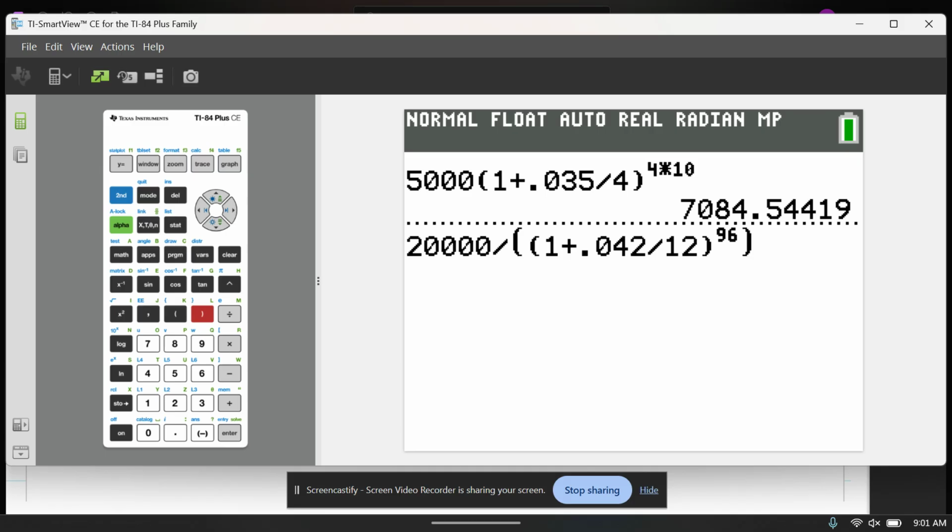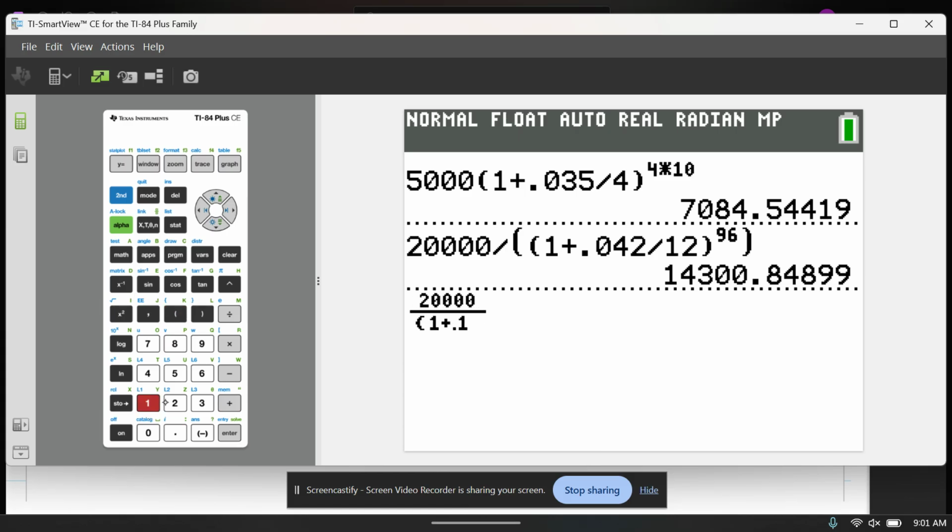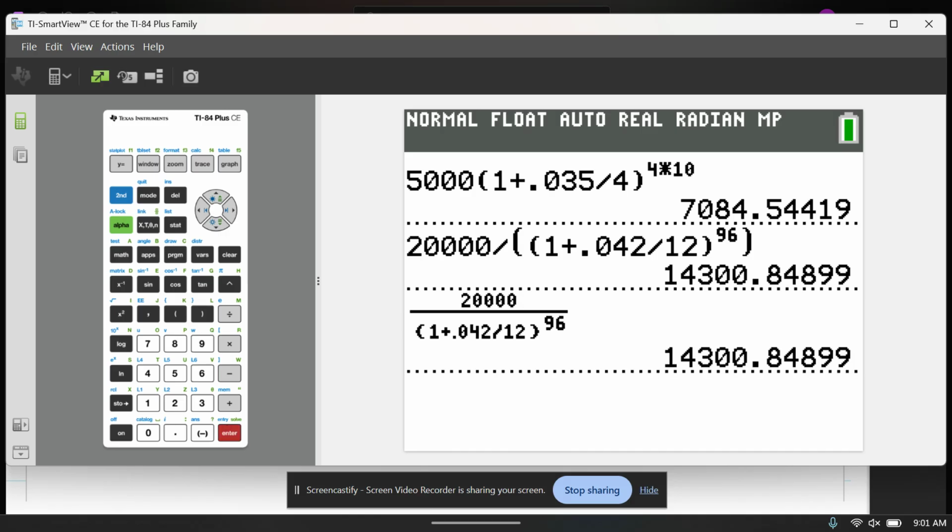Okay. You could also put that in as a fraction if you wanted to do it that way, and your calculator will convert it to a decimal, if it helps you to visualize that a little bit better. Same number there, okay? So in order to have $20,000 after 8 years, we need to invest $14,300 and how many cents?